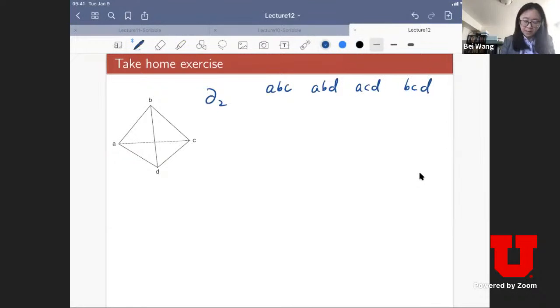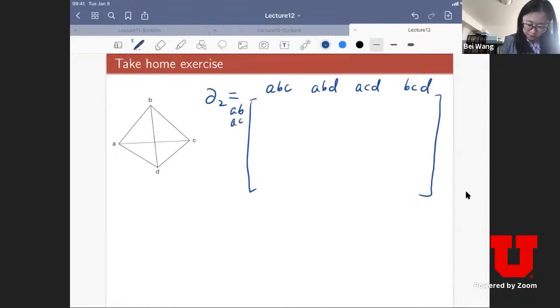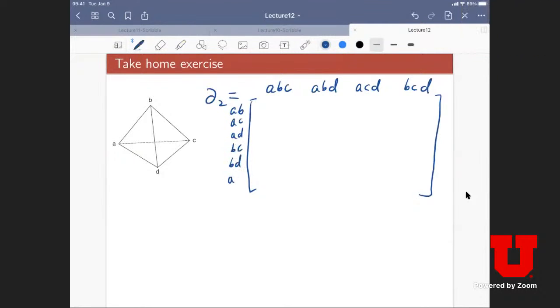Okay. And what are my rows? Can somebody tell me what the rows in this matrix are? This is a boundary matrix, remember? The edges. Yep. AB, AC, AD, BC, BD, CD.